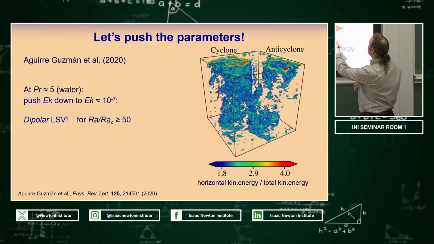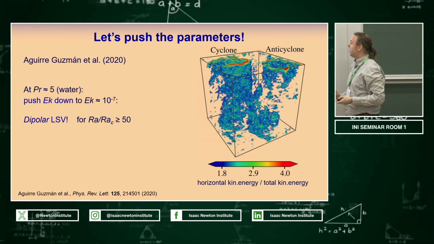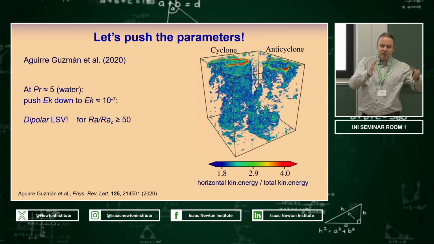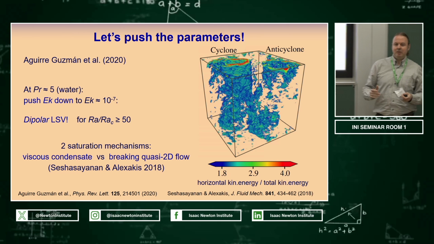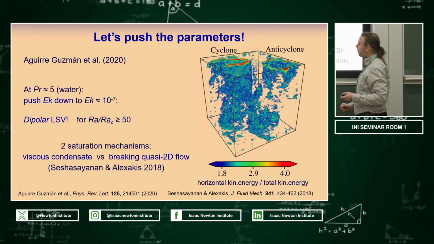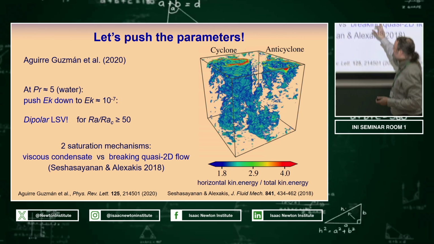It's clear from the picture alone that the cyclone is still quite dominant compared to the anticyclone, but they are both definitely there. Now, what could then be the difference between these two states with just a single vortex or two? This was actually treated in a paper by our previous speaker already, where they considered two different saturation mechanisms of some kind.